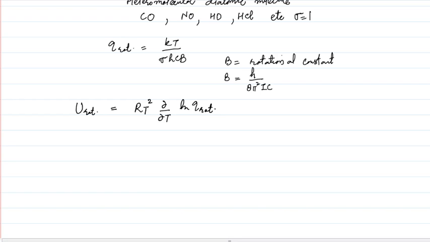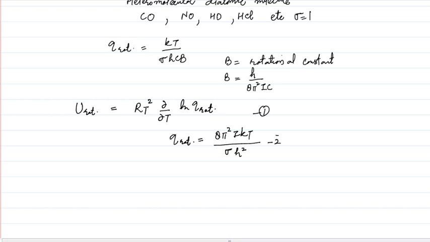We will put the value of Q rotational here, which is 8π²IkT upon σh². I have given it in the above equation, but I write it one more time. So simply we will put the value of the second in the first.